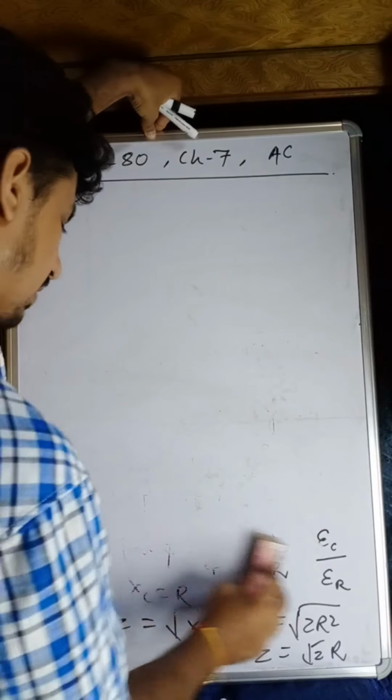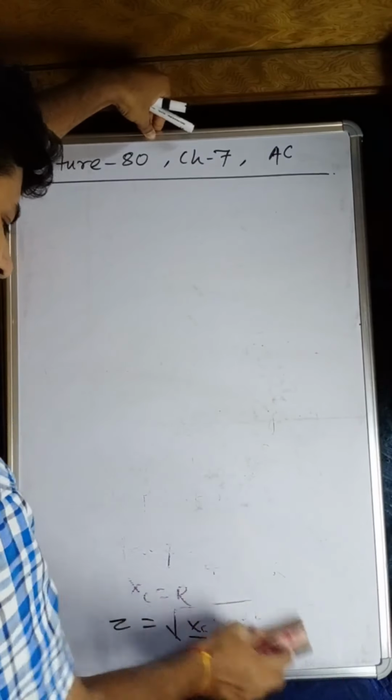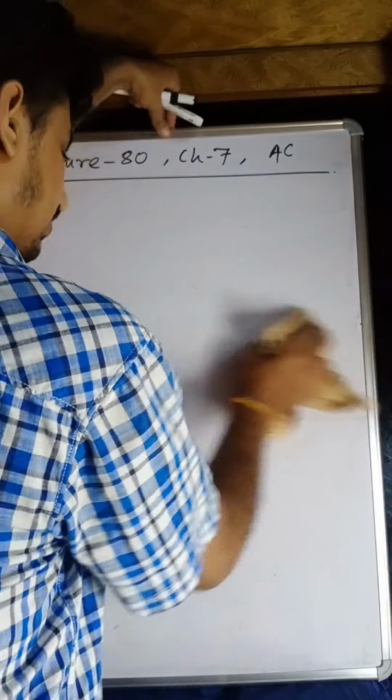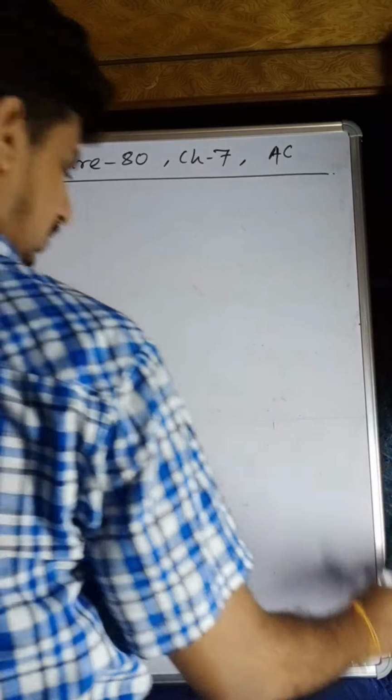It is not necessary that the current always leads by pi by 2. It might be pi by 4, even pi by 3 and pi by 6 also. We will try to see such questions also. Now, in the next question, we have an LR circuit.